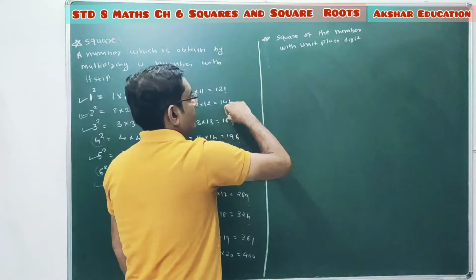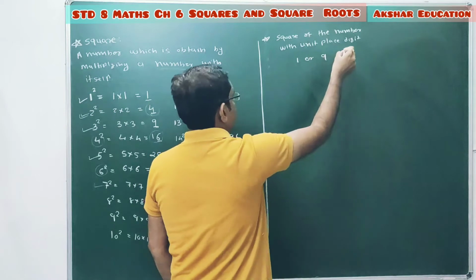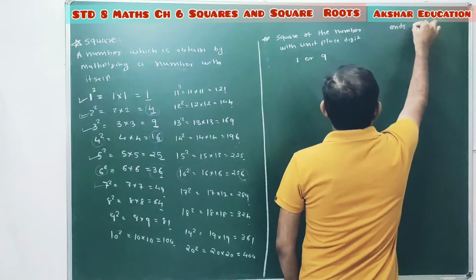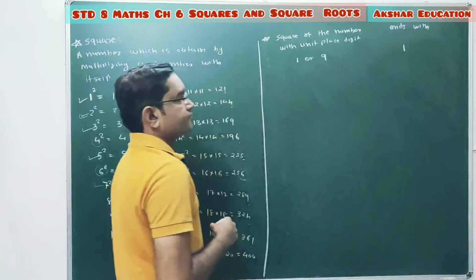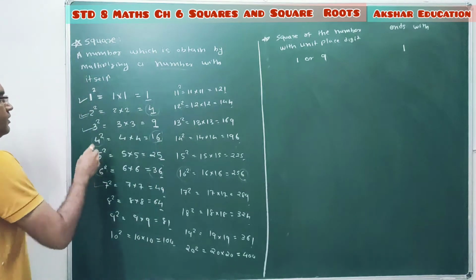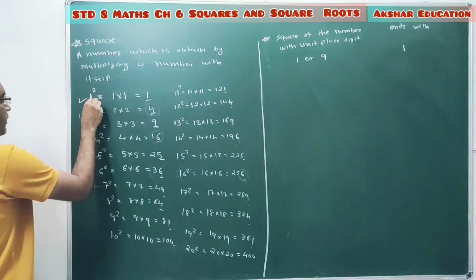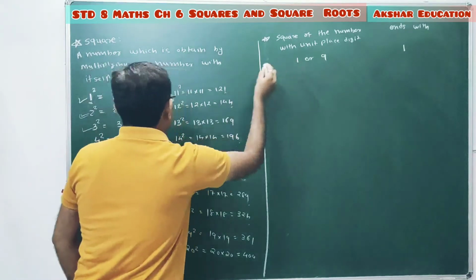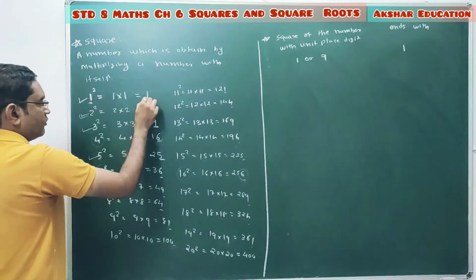Suppose the square of a number with unit place digit 1 or 9, then that square ends with digit 1. What does this mean? For example 1 square. Here we are taking the square of number 1. So here the unit place digit is 1. If you take the square of this number, then that square of the number also ends with 1.